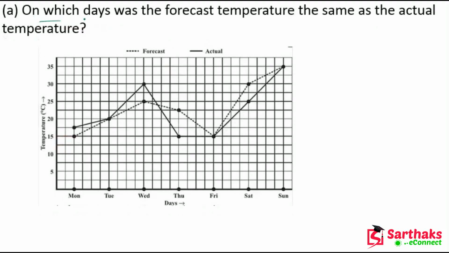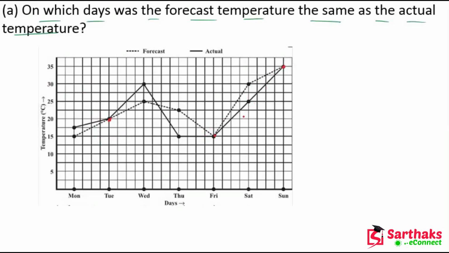Okay, so what is this? On which days was the forecast temperature the same as the actual temperature? On which days? When the points of forecast temperature and actual temperature coincide, then we can say that on that day the forecast temperature and the actual temperature were the same.